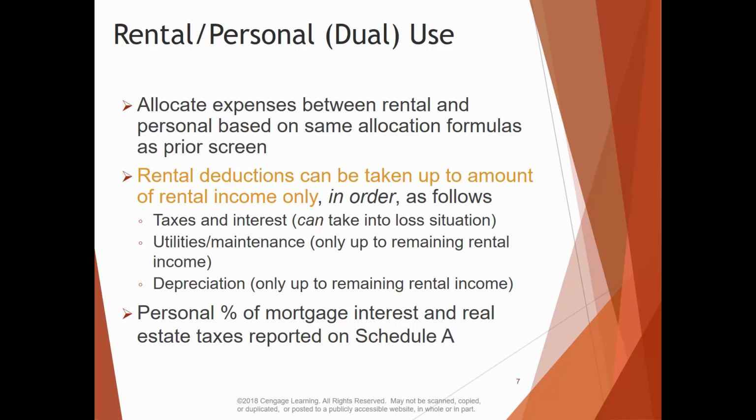If it's primarily rental, you have to think about passive activity losses, which you don't 100% know what that is yet. And if it's a dual use, your Schedule E can never take you into a loss. So that's just kind of the backdrop. The math is super easy. It's just making sure you get it in the right category.